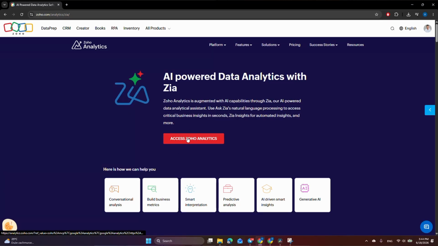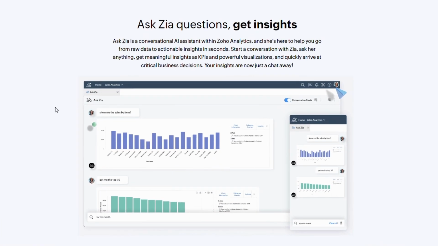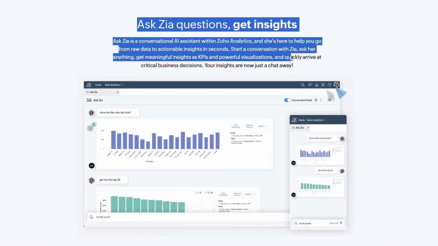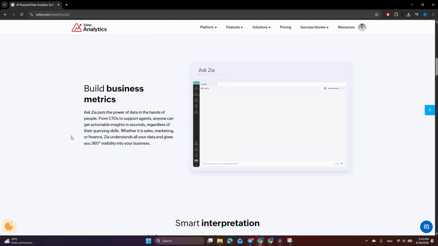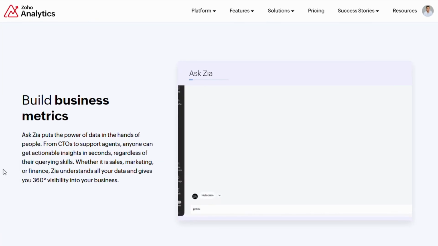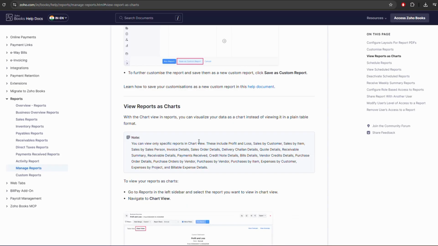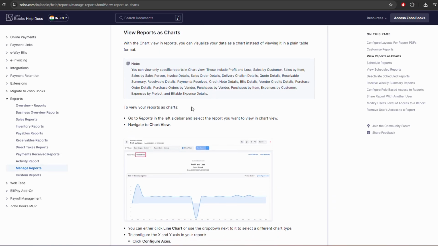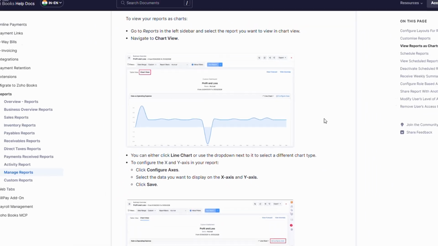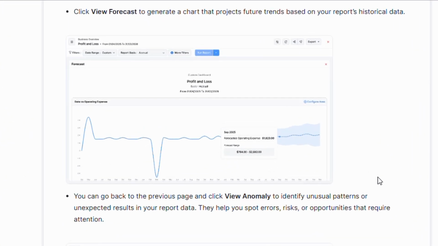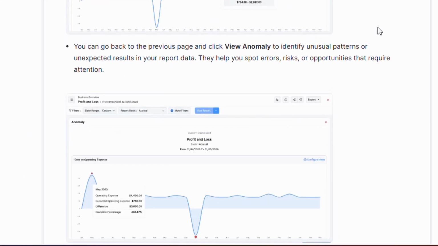Zoho Analytics: type any business question. Get a chart instantly. No SQL needed, no analyst. And Zoho Books flags spending anomalies and forecasts cash flows. Finance stops being a surprise. Basically one AI, your whole business.